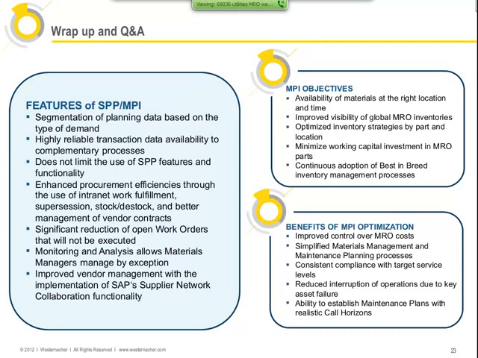Okay. One last question I see here is, what other uses or capabilities does SPP offer that go beyond the MPI service? SPP is a planning tool by design, and I just briefly talked about some of the features that SPP brings to the table, such as splitting up your operational planning and tactical planning.